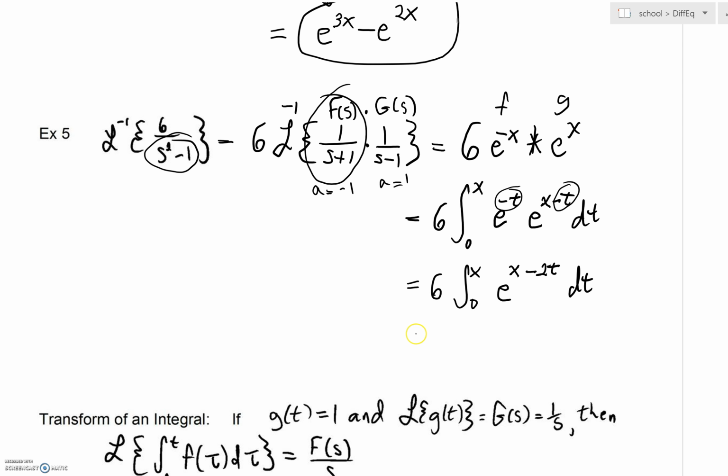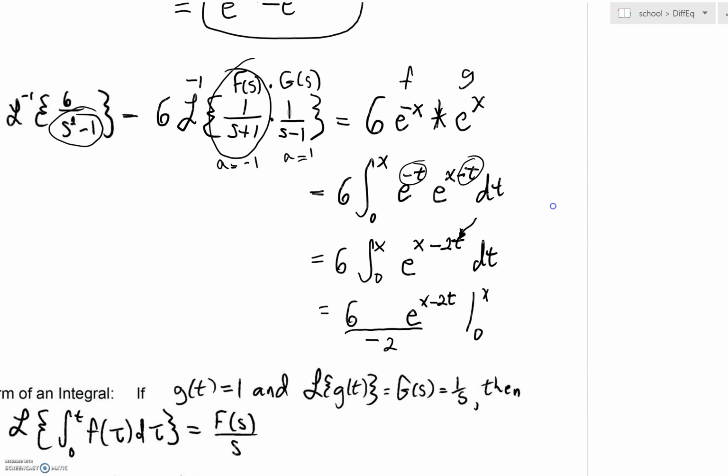Now, guys, just doing some basic calculus review, we have e to the x minus 2t, but please understand that t is your independent variable. We're going to have to reverse the chain rule. If we took a derivative, the derivative of that inside would be negative 2. So we're going to have to divide by negative 2 as we're working this out and applying the fundamental theorem from 0 to x.